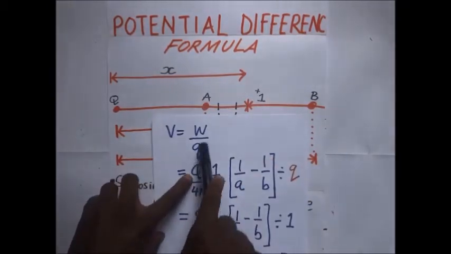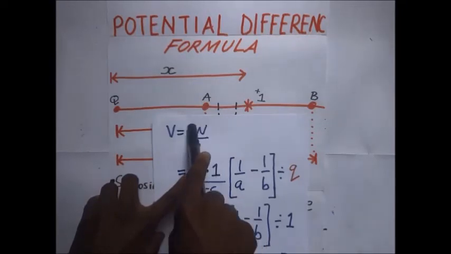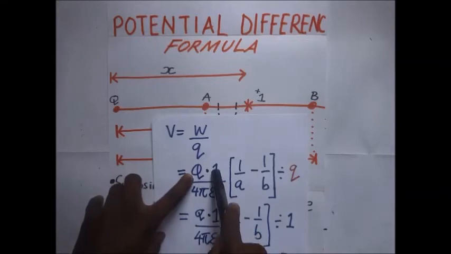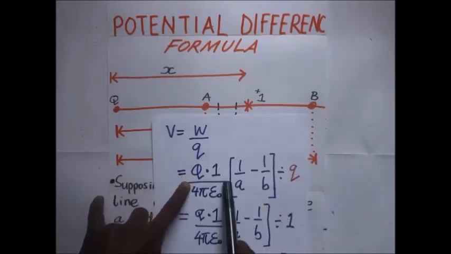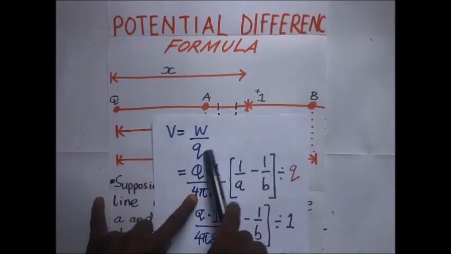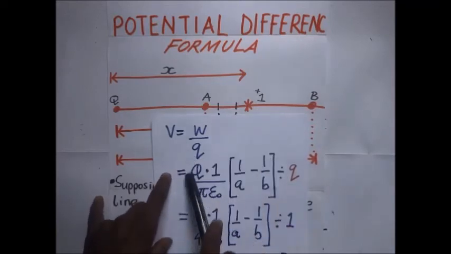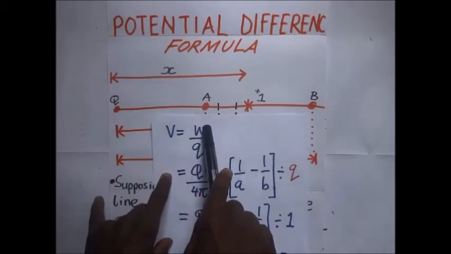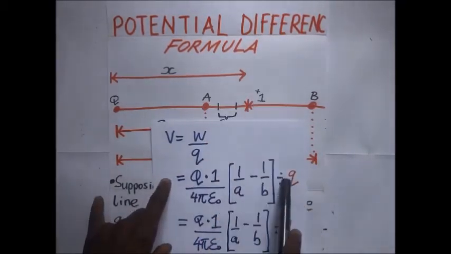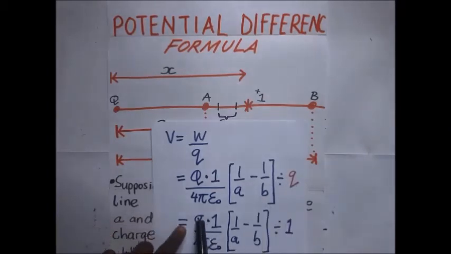We substitute the expression for the work done that we just got earlier, which is Q times that positive 1 coulomb of charge, divided by 4 pi epsilon naught times 1 over A minus 1 over B, and divide that by the test charge, which is positive 1.